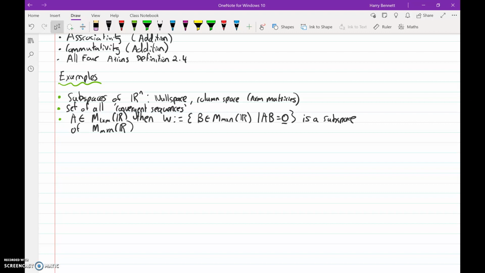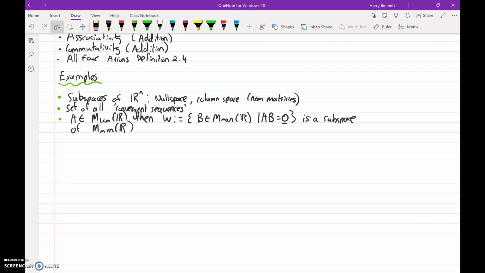Secondly, you have the set of all convergent sequences. These are subspaces. Previously we looked at the set of infinite sequences as vector spaces, so the set of all convergent sequences are subspaces.